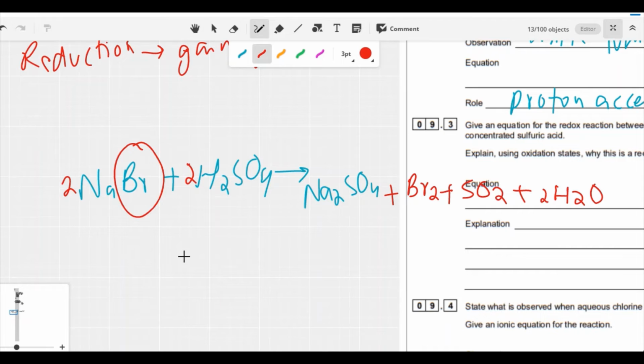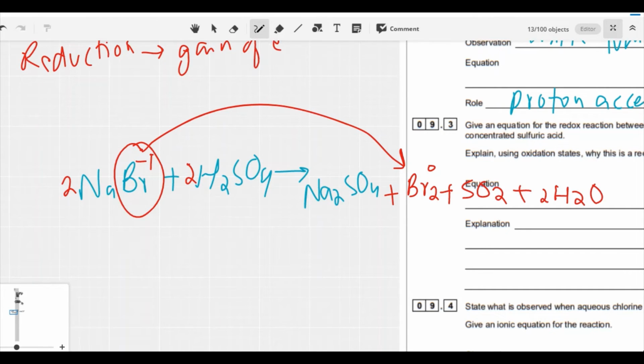The oxidation state of bromide ion is -1, but here it is present in Br2 form, so it has a 0 oxidation state. So it is the conversion of -1 to 0, which means there is loss of electrons, an increase in oxidation state, so oxidation takes place.